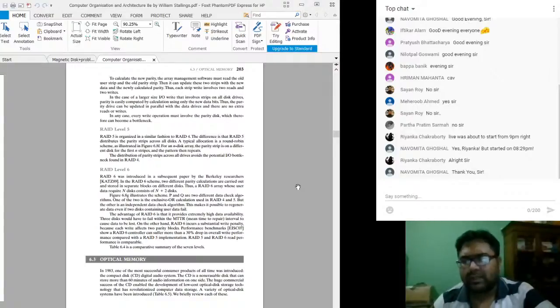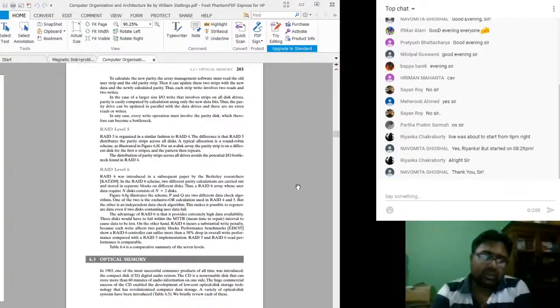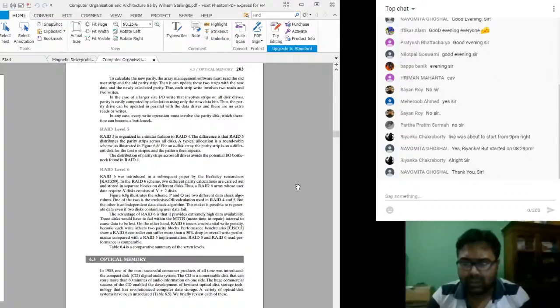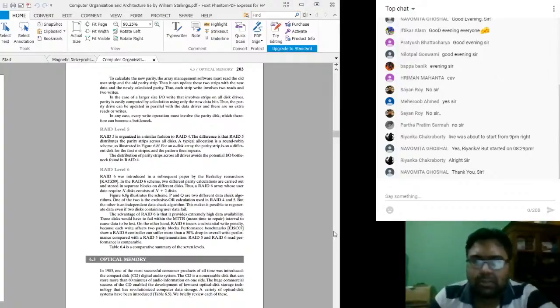Because a lot of data is stored, and it is not stored in a single disk. If you have ever seen servers, you will see that multiple connections are there to maintain the data. So there is always a high probability that a particular disk is going to fail. So these schemes are important.